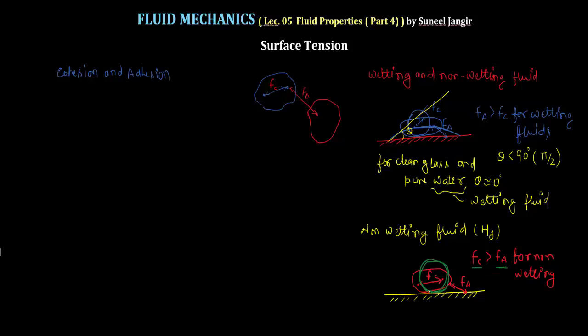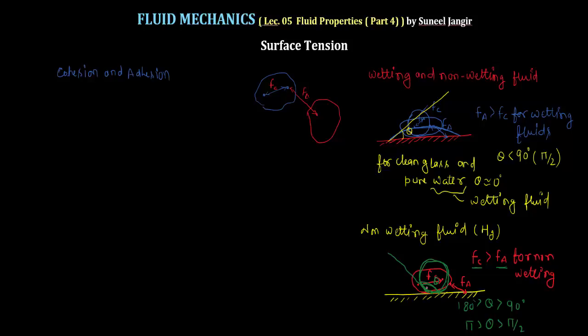Similarly, if I make a tangent line to this curved surface, it looks like this. The angle theta between this line and the solid surface will always be greater than 90 degrees but less than 180 degrees, so the range is between pi by 2 and pi.